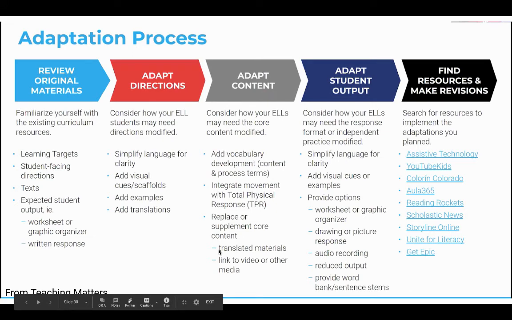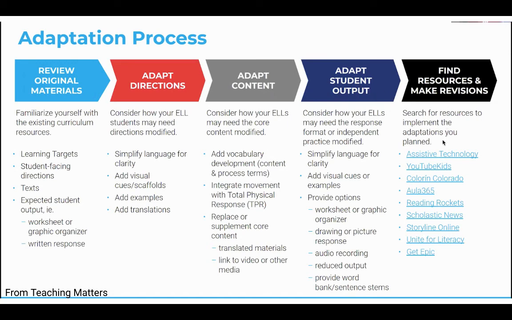All right, so what we've just gone through really quickly is not all the little details you need to keep in mind. The adaptation process is multi-step as well. You look at the original materials, you look at how you can adapt the directions, you look at how you can adapt the content, and then you look at how the student's output can be adapted.